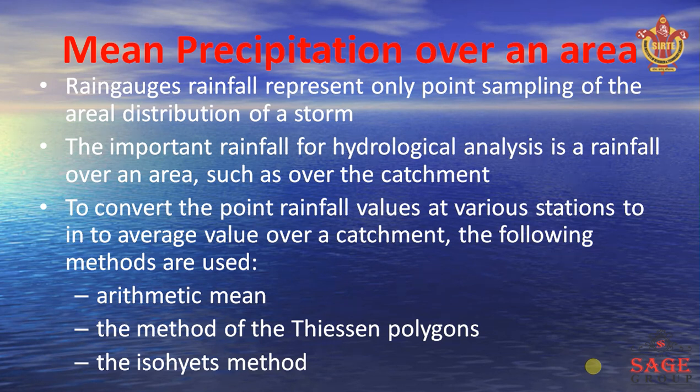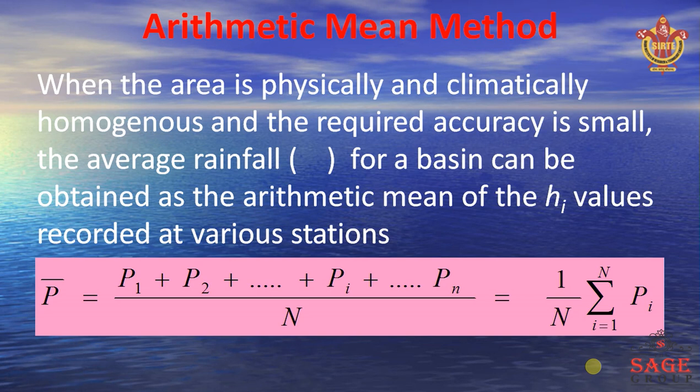We do not use the rain gauge directly because it gives point rainfall, and if we require the average rainfall of an area we should use the arithmetic mean, Thiessen polygon, or the isohyetal method. The first one is the arithmetic mean, which, as the name suggests, is just the mean of the precipitation in an area.